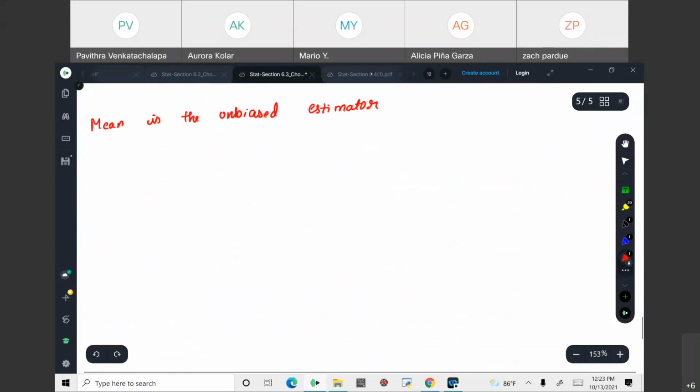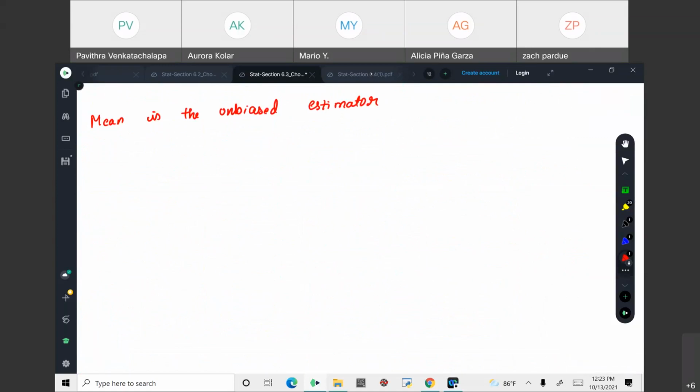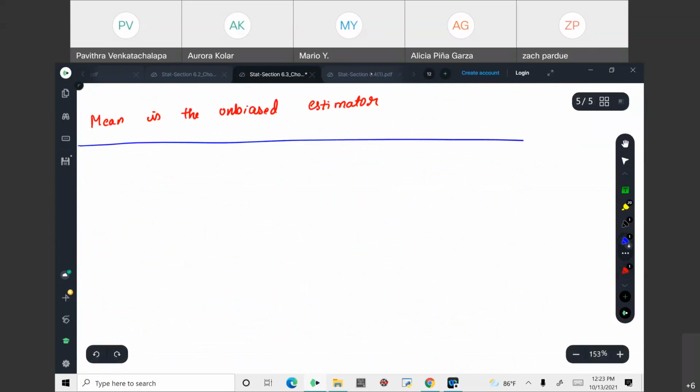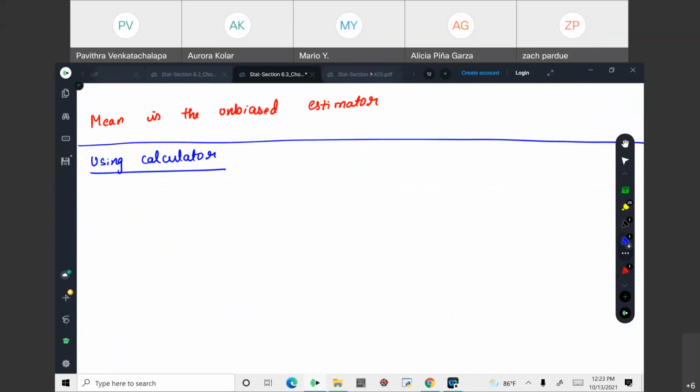Now you can do this using a calculator. It's a lengthy process, but I'm just giving you some steps on how to do that.